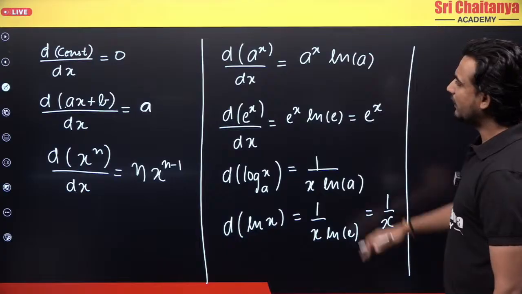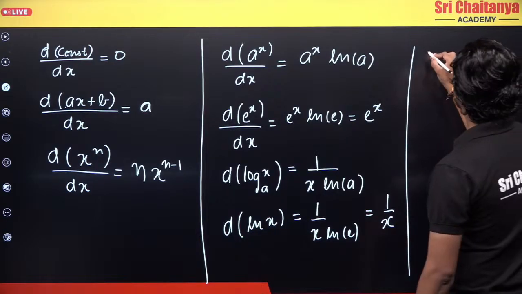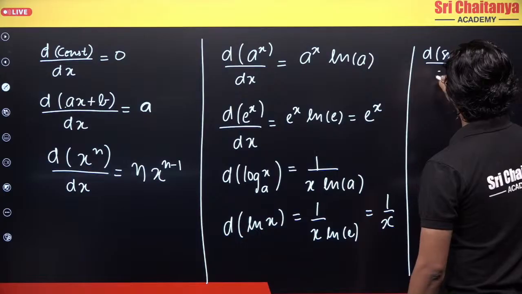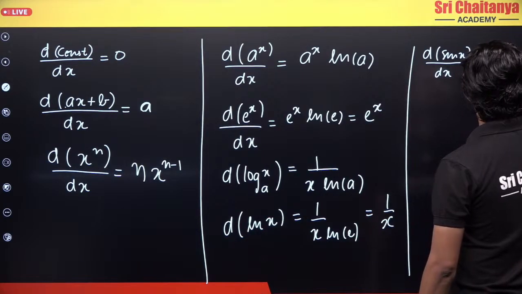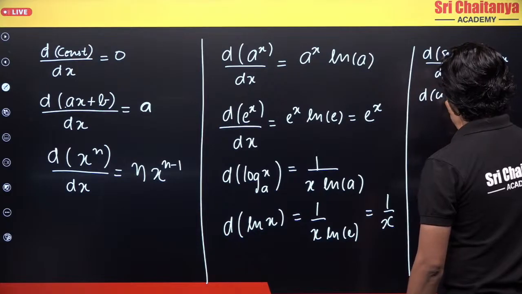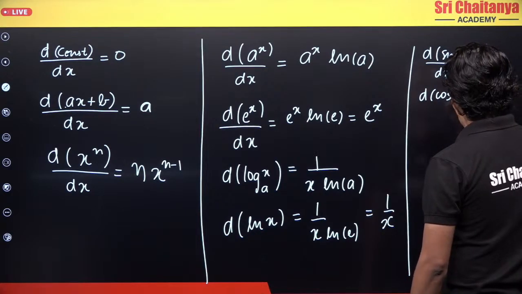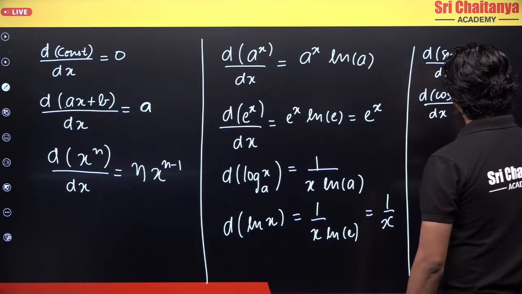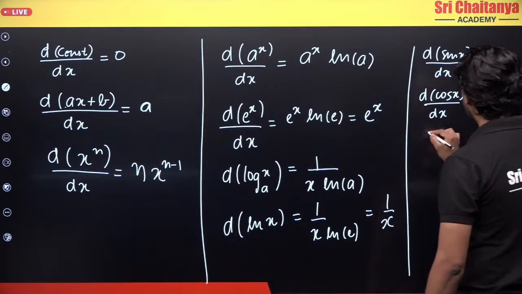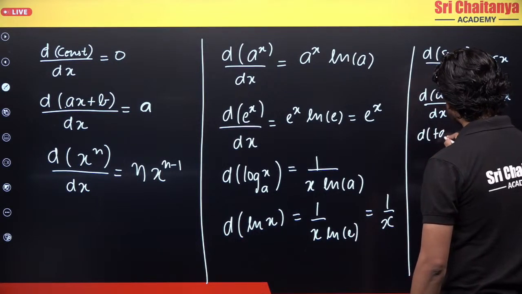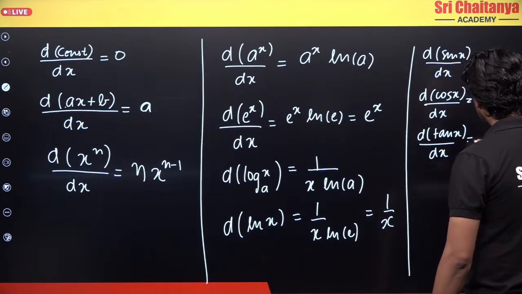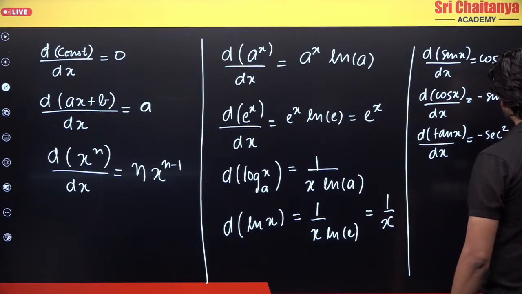Then we have our trigonometric functions. Differentiation of sin x with respect to x is cos x. Differentiation of cos x is minus sin x. Differentiation of tan x is sec square x.